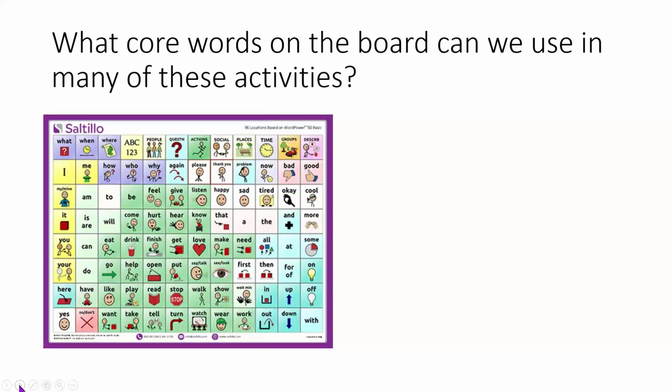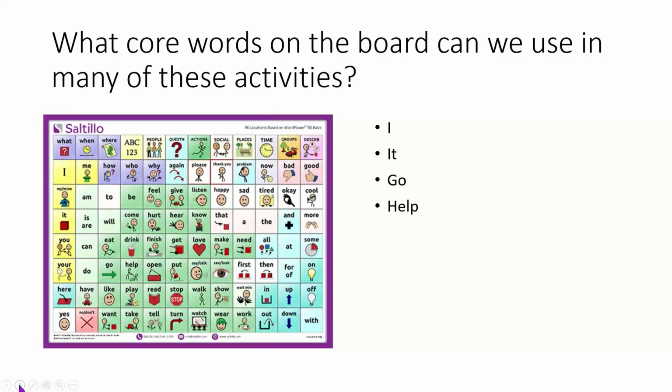See if you can find these words that are listed here to talk about one of the activities we listed. So think about where it is located. How many buttons did you have to hit to get to it? Was it on another page or was it on the home page?